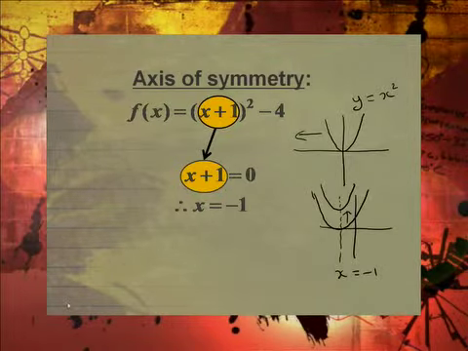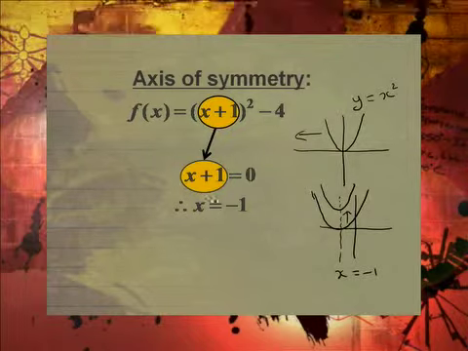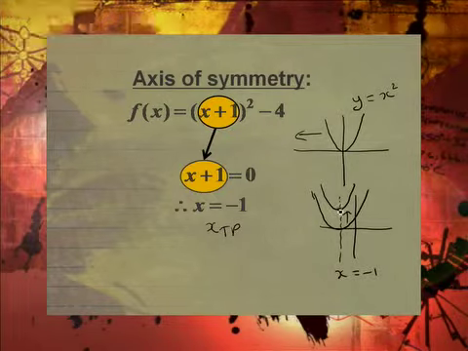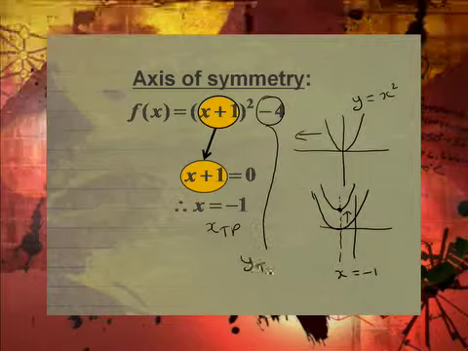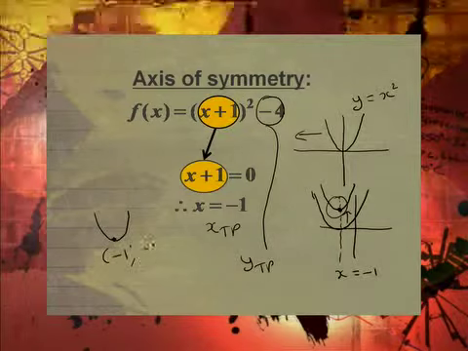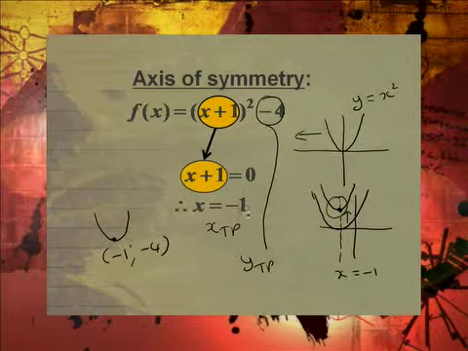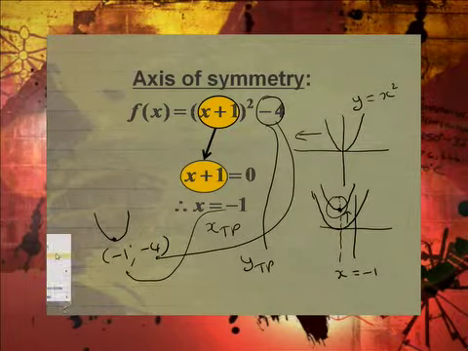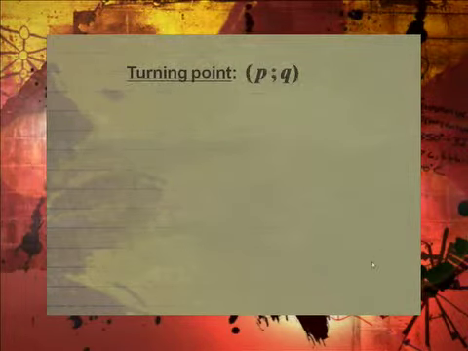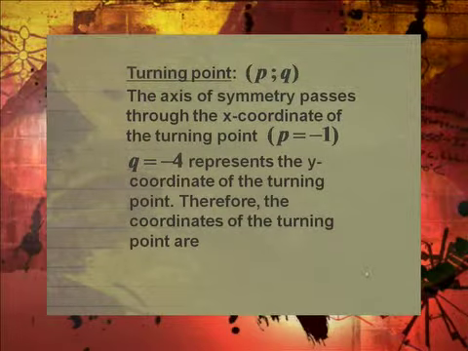If you look at your parabola, this guy gives me my x value of the turning point, which is minus 1. This here is the y value of the turning point. So you put that expression in the bracket equals 0, solve for x, which gives you the -1, and the y value of the turning point is that. So we've got our little y value of the turning point, and we get our coordinates there.